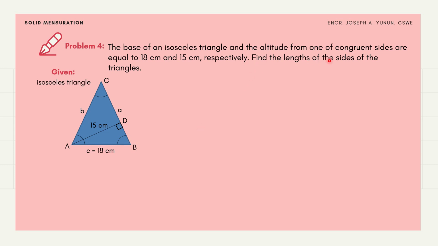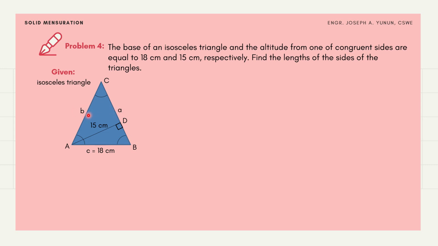So find the lengths of the sides. We already have one, so we only need to determine side a and side b. But since this is an isosceles triangle, we can also say that side a is equal to side b. So we need to only determine one of the sides here.